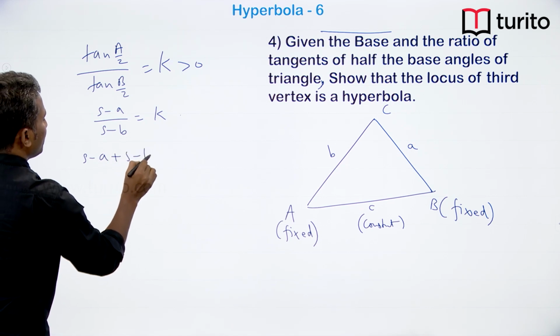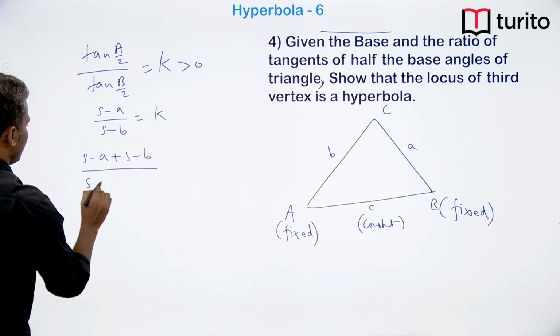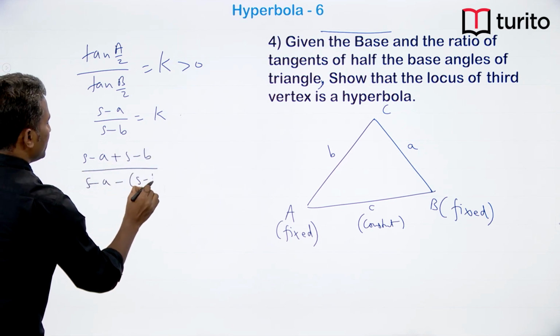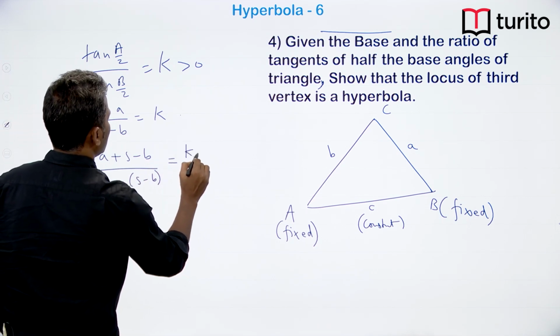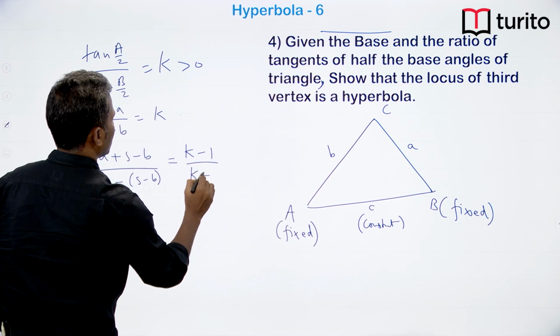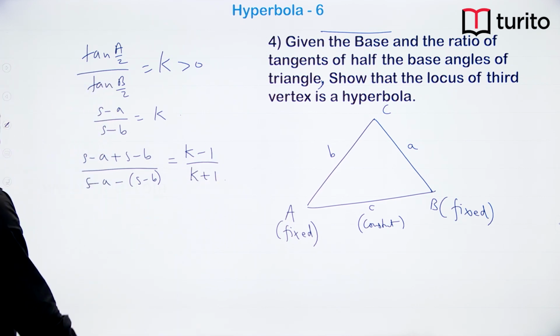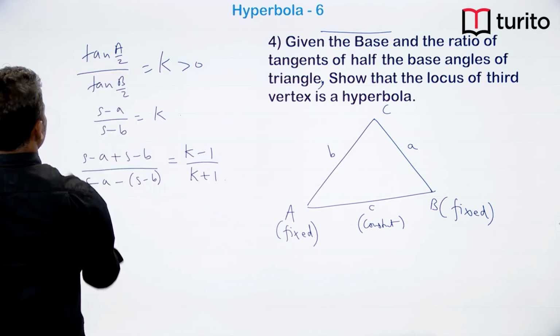So what do I get? This is in the numerator and this is in the denominator, and this must be equal to k plus 1 by k minus 1.